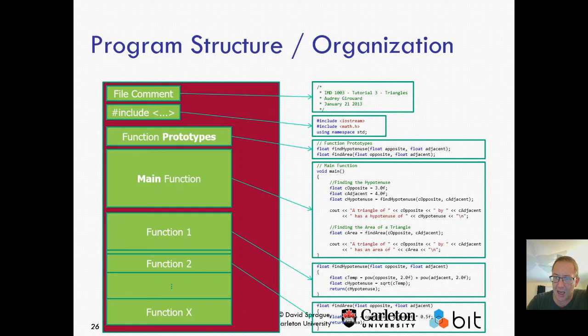If I change the variable adjacent, for example, it does not change my actual data. If I call, where's my find hypotenuse? This value is not changed. If I change adjacent, C adjacent here is not changed. This is a local variable and lives and dies here in find hypotenuse. So it's kind of hard to change the parameters themselves.